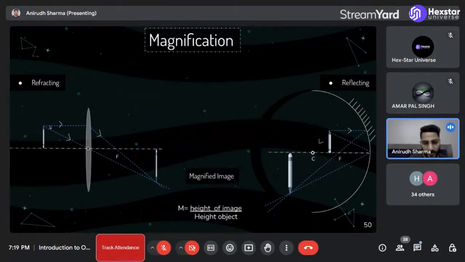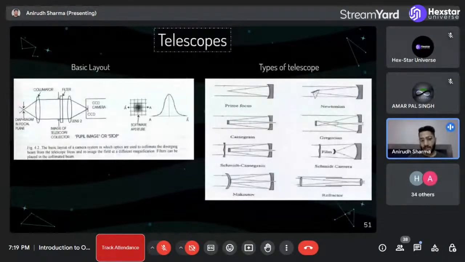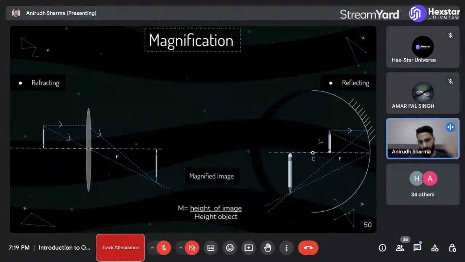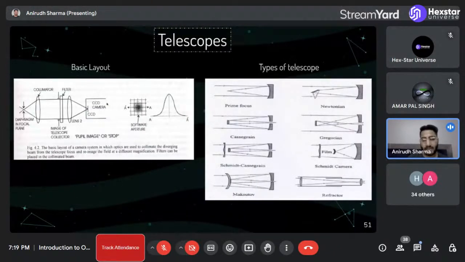And if it's incident parallelly, then it would travel through the focus. And here again you can see that this pencil has made an image that is larger than the original object. So this is how lenses and mirrors magnify the original images and how we are able to see distant objects.